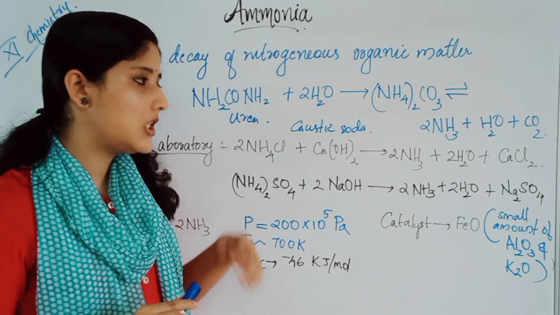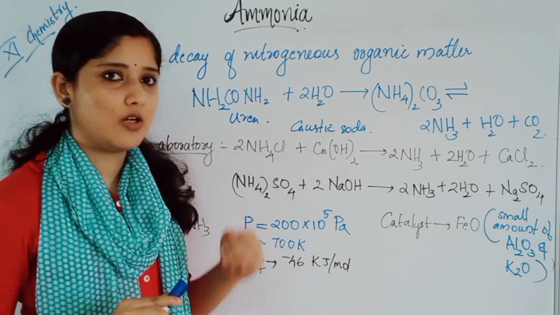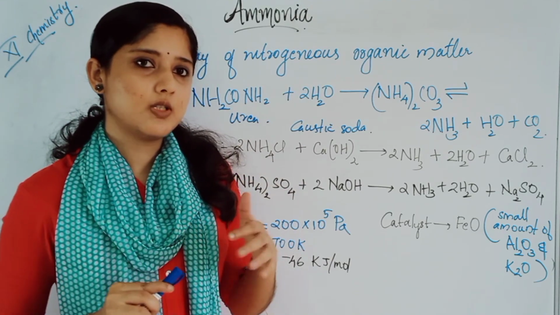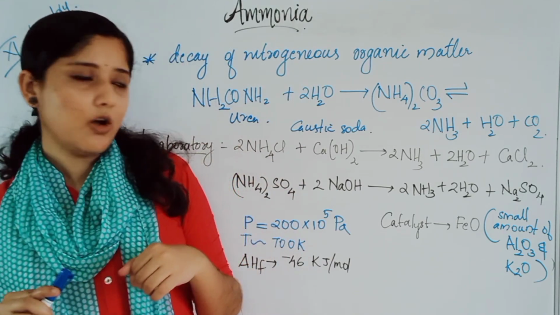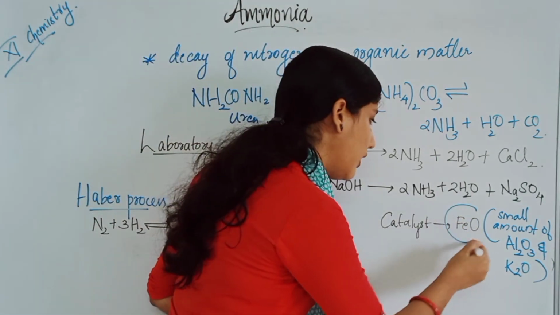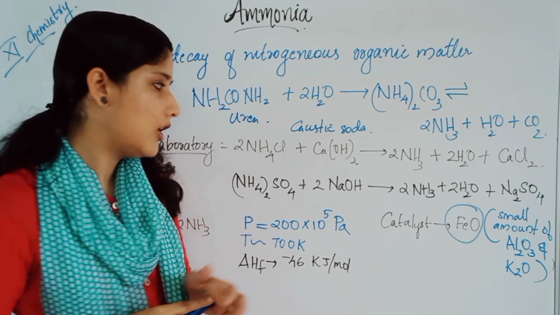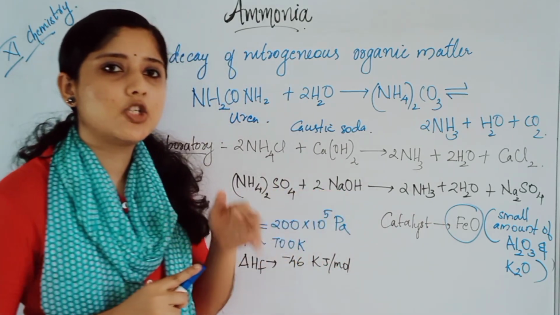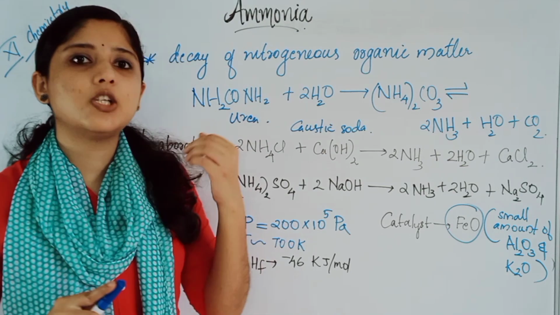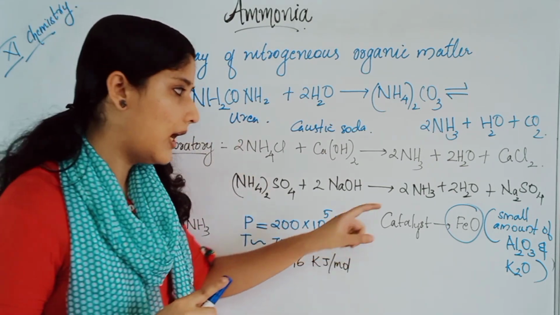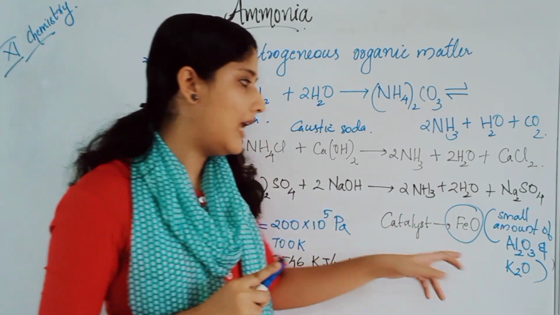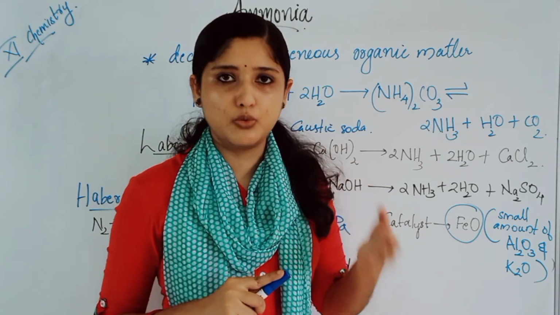For this reaction to take place, a catalyst is required. We studied in our D and F block chapter the Haber process catalyst, isn't it? It is a D block metal, iron oxide. Iron oxide is a catalyst in the preparation of ammonia in the Haber process. That is, it lowers the activation energy required for the formation of ammonia. With the iron oxide, small amounts of Al2O3 and K2O are also used.